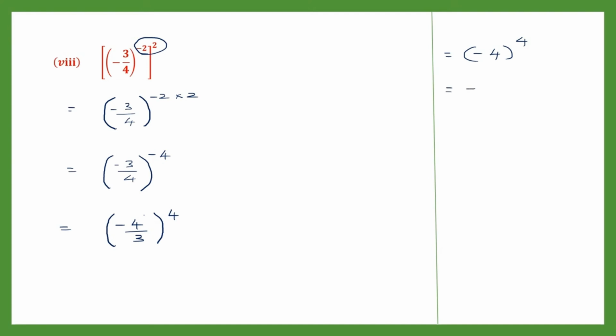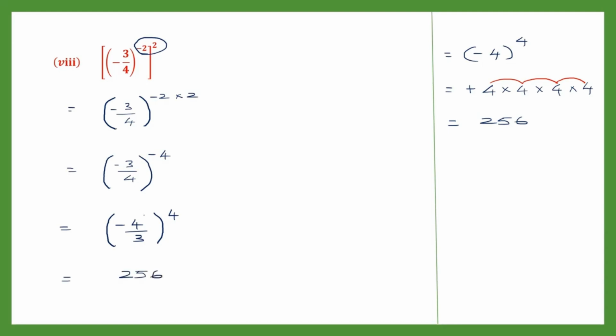So we'll have positive, now 4 times you multiply 4 into 4 into 4 into 4. So we multiply this 4 times. So this is now 4 fours are 16, 16 fours are 64, 64 into 4 is 256. So now minus 4 to the power of 4 has become 256.